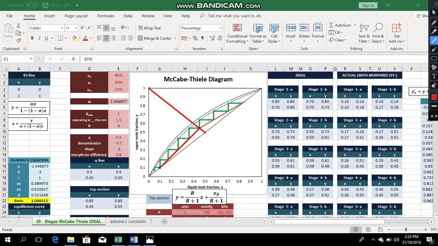This is the point. So that's the operating line of our stripping section. From this point of intersection, the point of the bottom 0.1 and 0.1. So this is what happens to our equation.